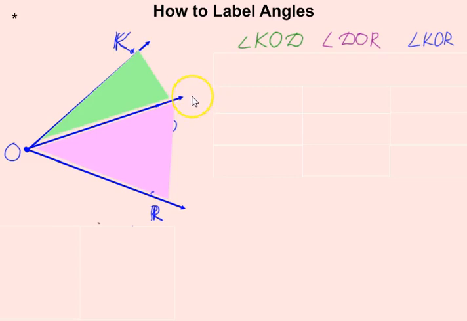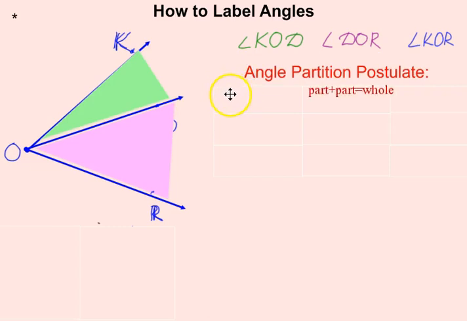This situation is what we refer to as angle partition postulate, which simply states that if you add all parts of a given angle, they will compose an angle that is congruent to the largest angle.